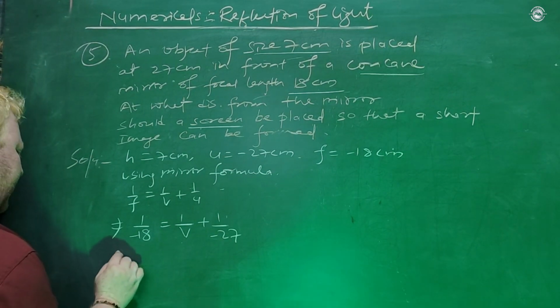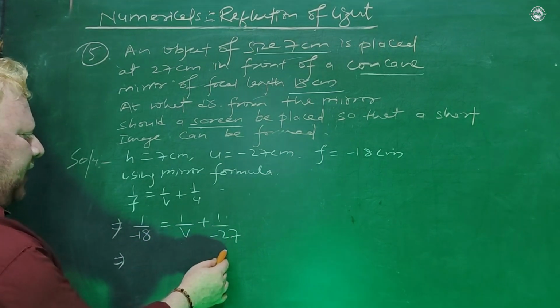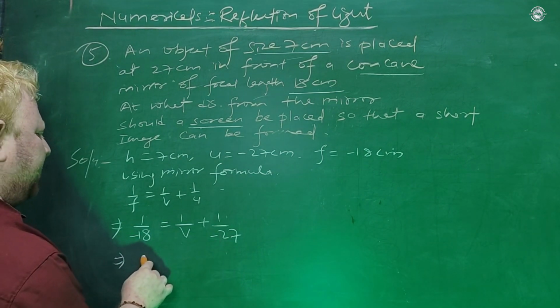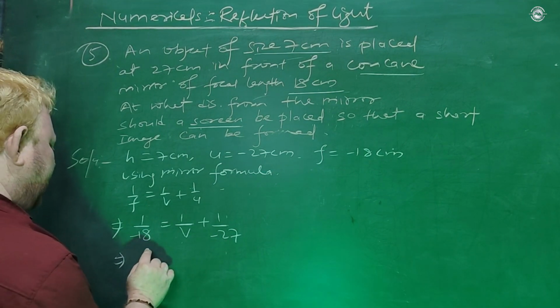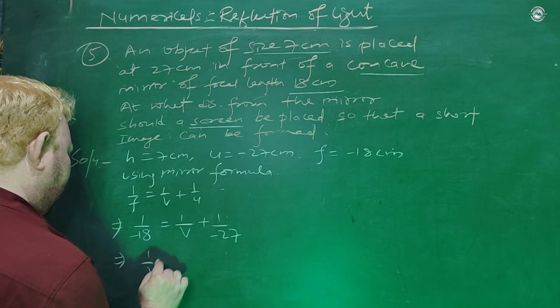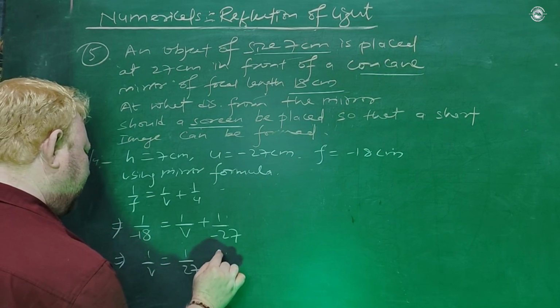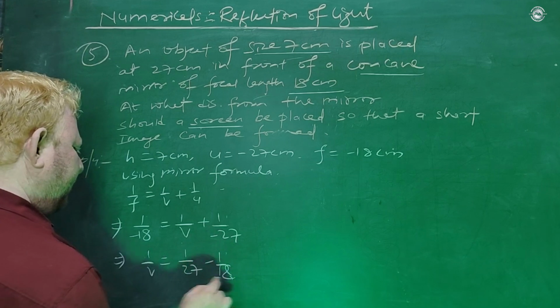This minus will come to this side as plus. So I can write 1 by v is equal to 1 by 27 minus 1 by 18, right?